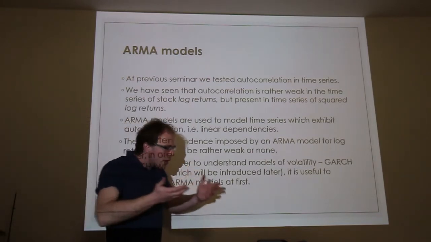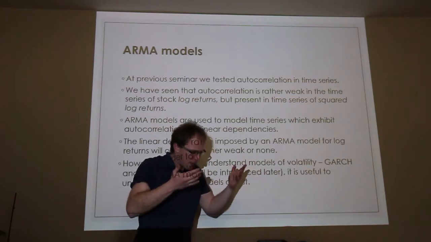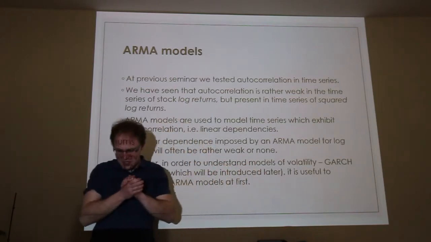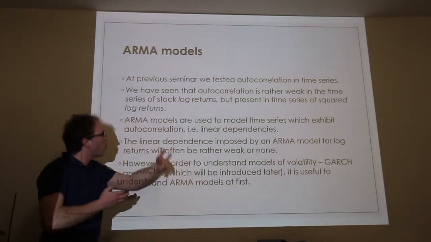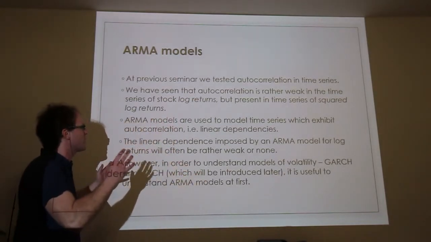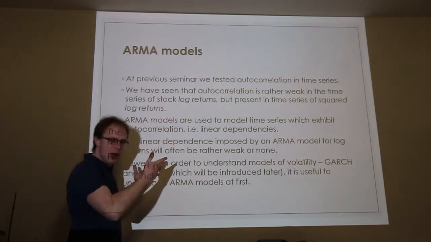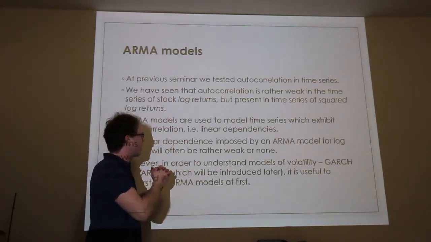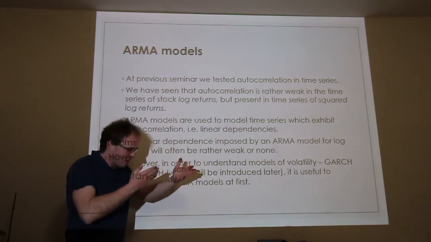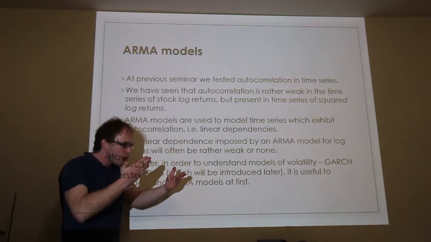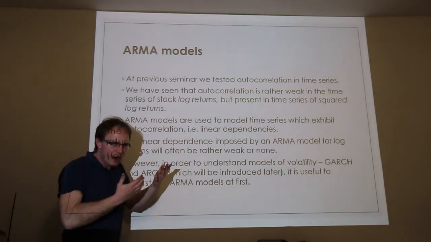Maybe not only linear dependencies, there is sometimes more complicated structure, more complicated dependence. Yes, linear is the base, but very often it is more complicated. The correlation not only between neighboring values.